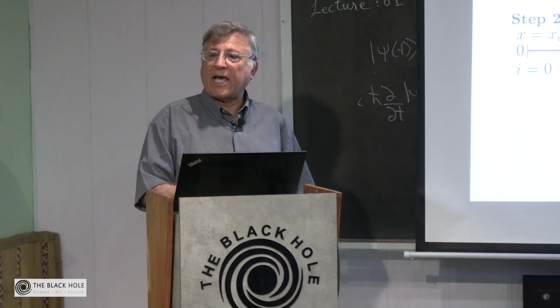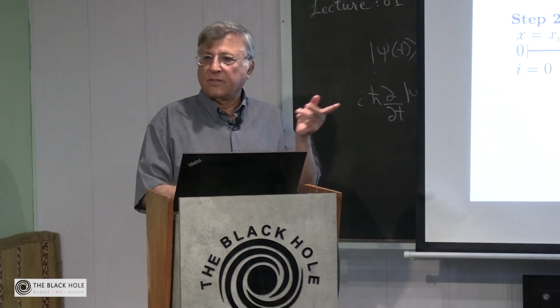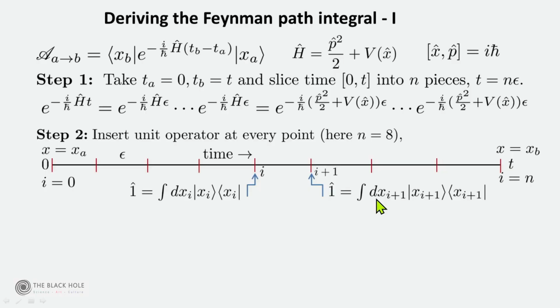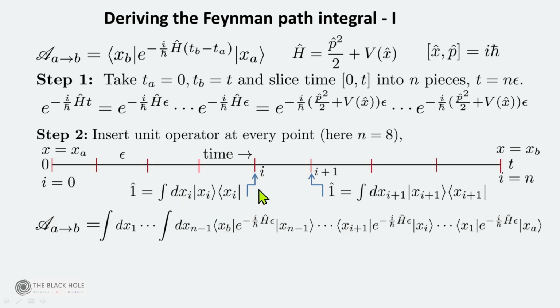Okay, and I do this at 7 points out of 8 because those are where the particle will be allowed to jump around. So the particle has to go from here to here, but it can be anywhere on the vertical axis. So in other words, I've got to integrate over all x1s here. Okay? Now, what does this mean?